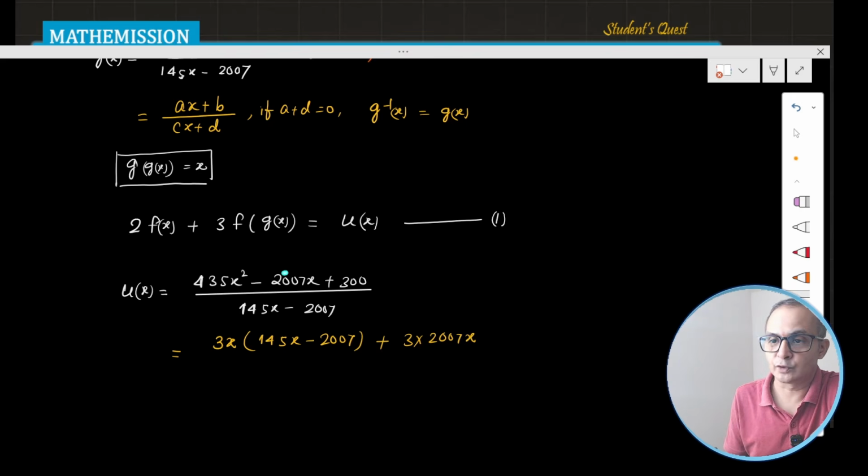And these two terms, minus 2007x and plus 300, were already there in the numerator, so let me write them as they are.